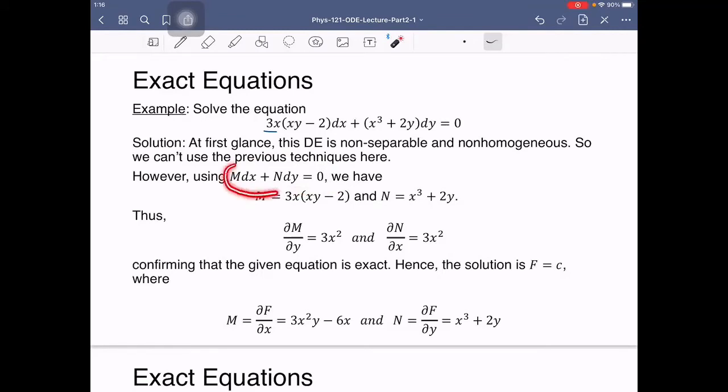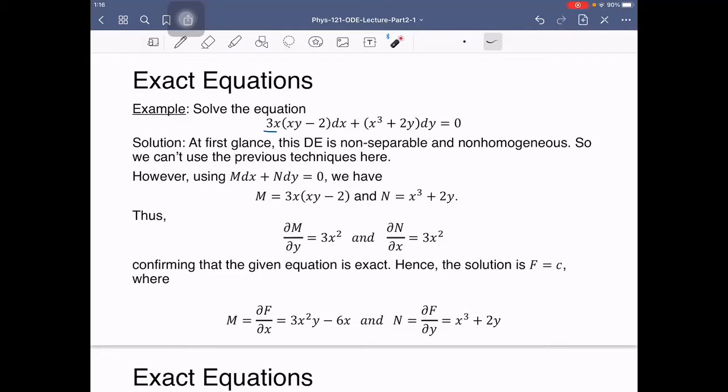So, importante ito. So, let's say if we have m dx plus n dy is equal to 0, pwede natin isulat ito as m and this one as n. Okay? So, ito yun. So, using our, yung pinakita natin sa theorem 3, we can take the partial derivative of m with respect to y. So, that is equal to 3x squared, right?